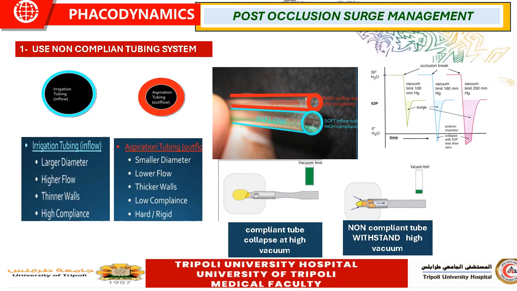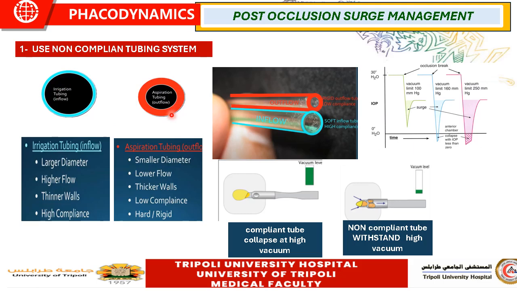One of the important measures to manage the post-occlusion surge preoperatively is that you should take care of your tubing system. The irrigation tubes and the aspiration tubes should have specific features. The irrigation line should have a wide lumen with a thin wall and be more compliant, so that it allows more gush of fluid into the anterior chamber.